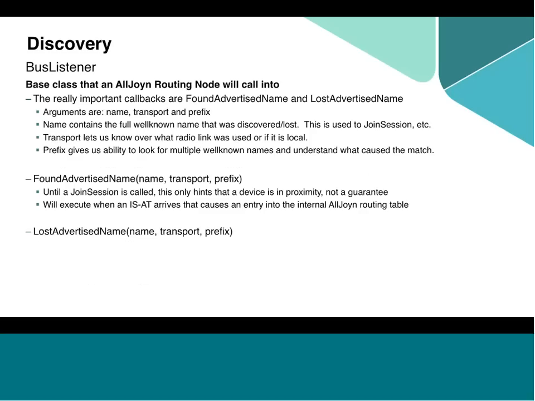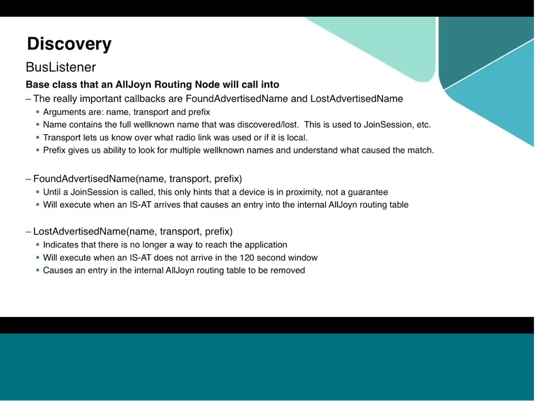In the found advertised name, one of the important things on both found advertised and lost advertised is that it's a hint that something exists. It's not a guarantee. So if an application ends up publishing a found advertised name, you won't know until you connect up to it that it's actually present.